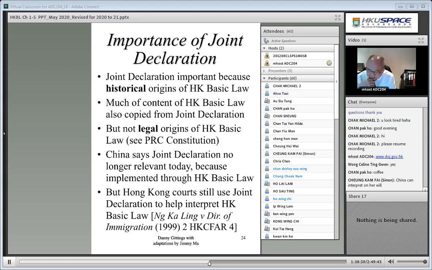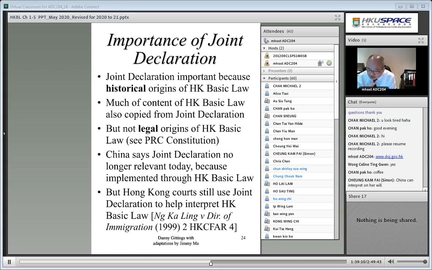And you have heard the Chinese central government saying, in the context of universal suffrage or the democratic evolution in Hong Kong, more than once, that what kind of universal suffrage and when there will be such an election system is something the Basic Law has already promised, and not the Joint Declaration.